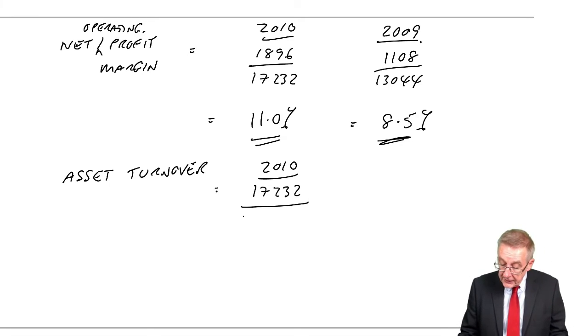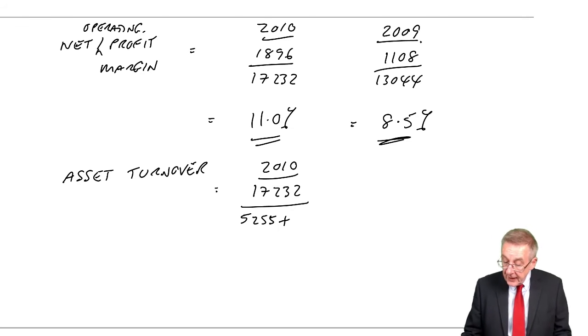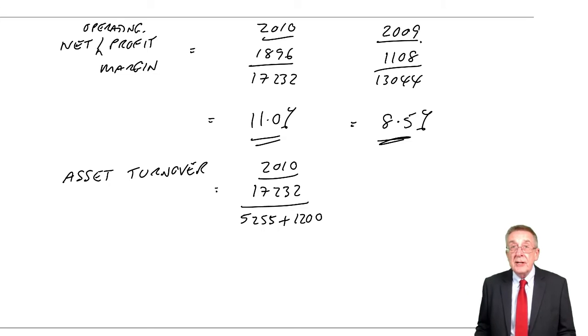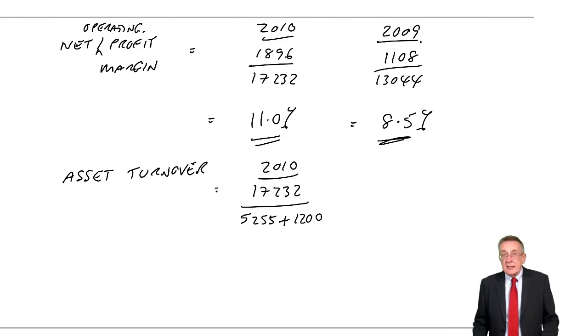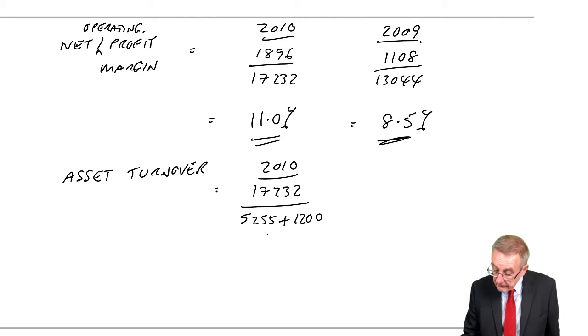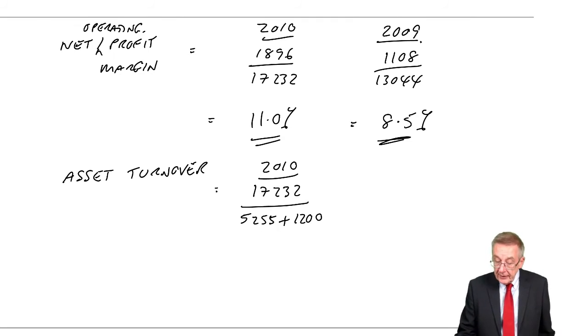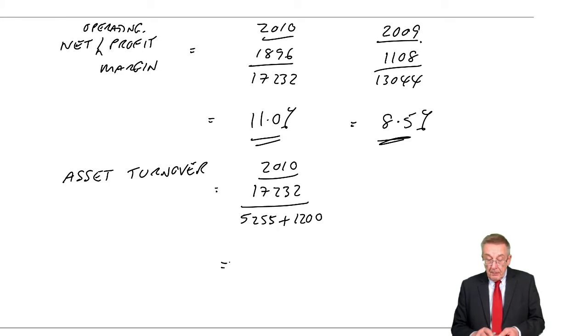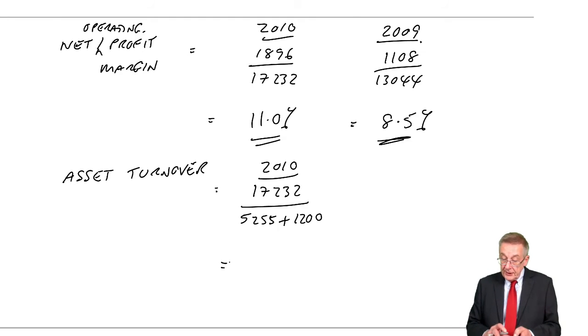The money from shareholders, 5255, plus long-term borrowings, 1200. The total finance in the company, the total long-term money in the company is, what, 6455. So the asset turnover is 17,232 divided by 6455.